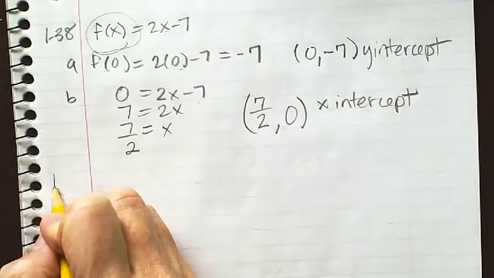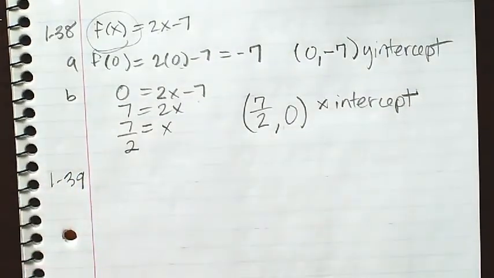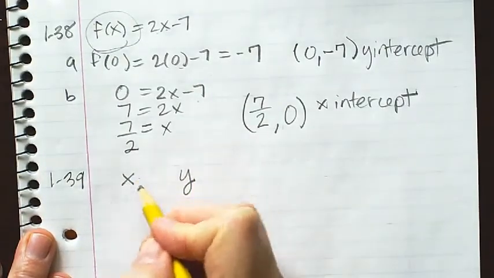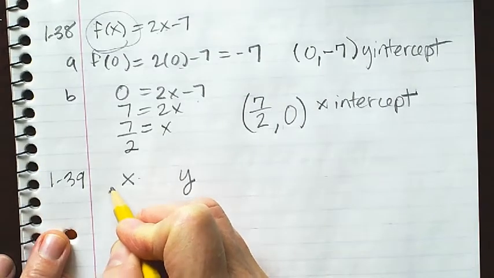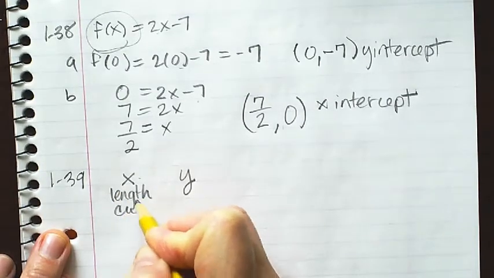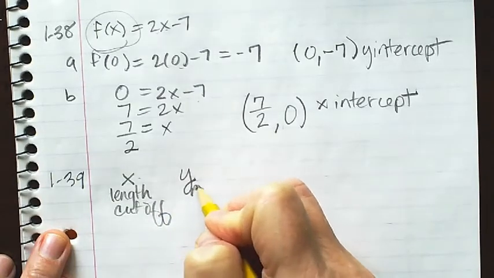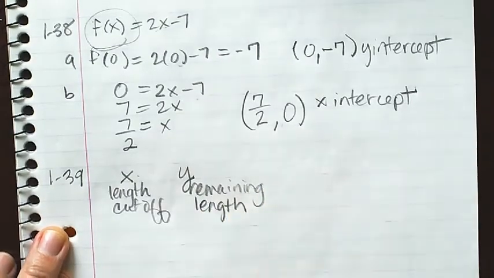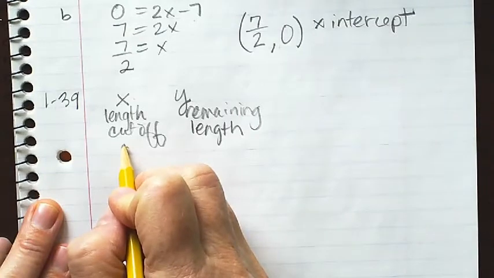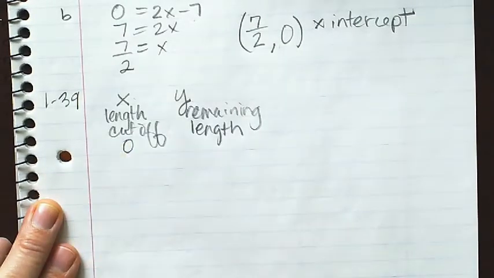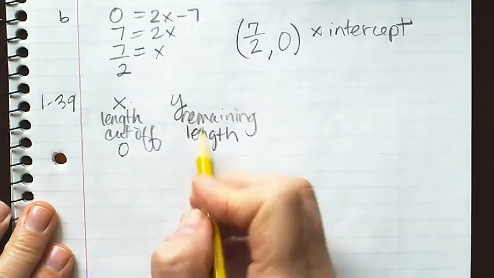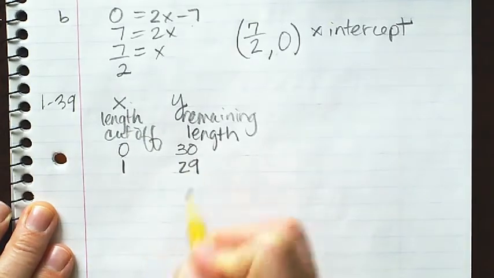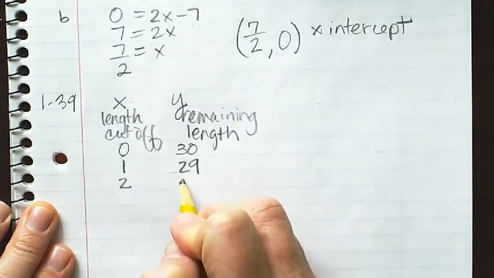Let's do the table. So x and y. So this is the length that's cut off, and this is the remaining length. So if she cuts off a piece that is, I'm going to leave a space for 0 just because we're going to want a y-intercept. If she doesn't cut anything off, she's got 30 feet. If she cuts off a piece that's 1 foot, she's got a 29-foot piece, and so on.